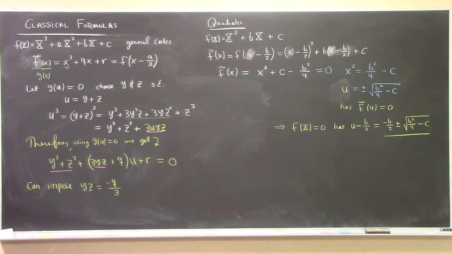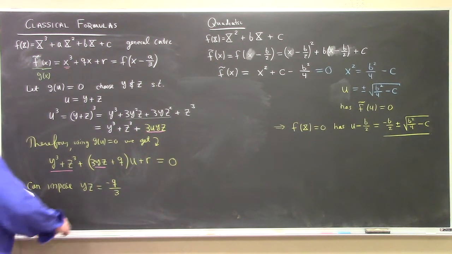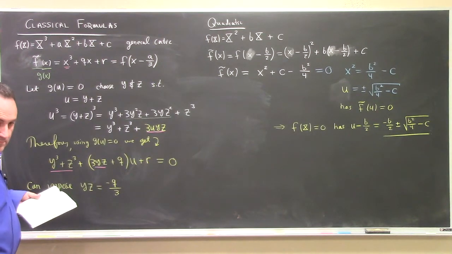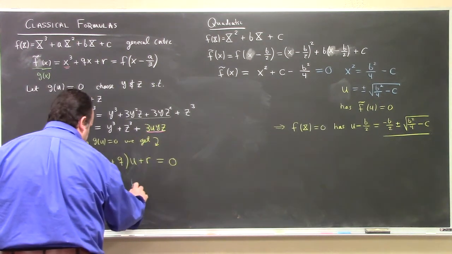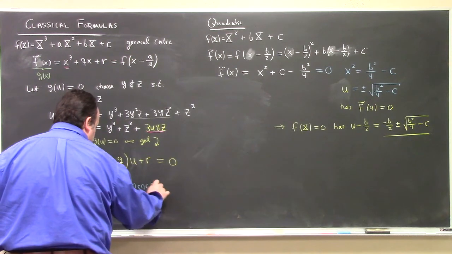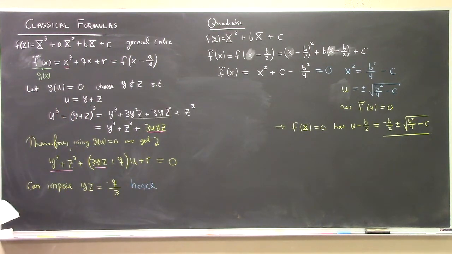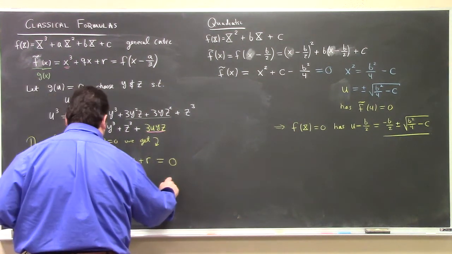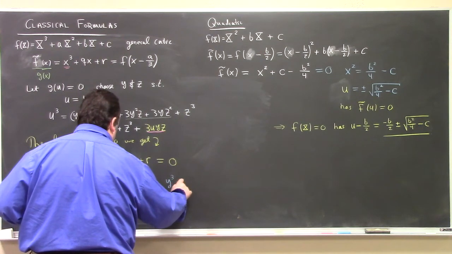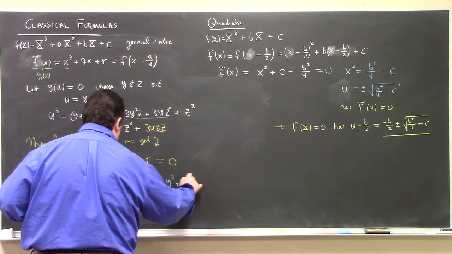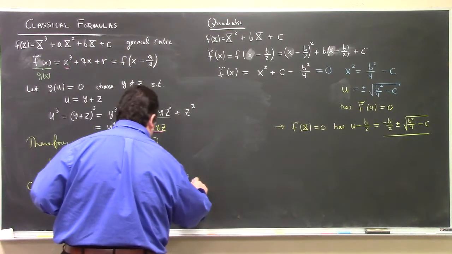He says, so that in equation 1, this is equation 1. So what does that mean? If this is true, so suspend your disbelief for a moment that this can be done, admittedly that's a homework exercise, you just get y cubed plus z cubed plus r equals 0, so y cubed plus z cubed equals minus r.